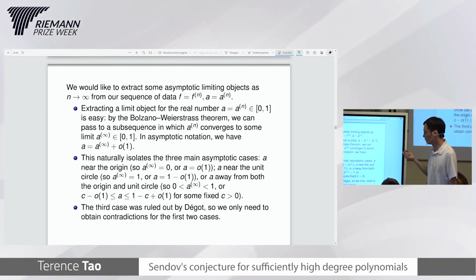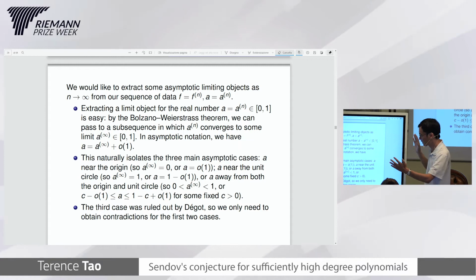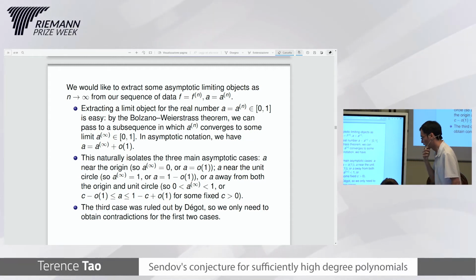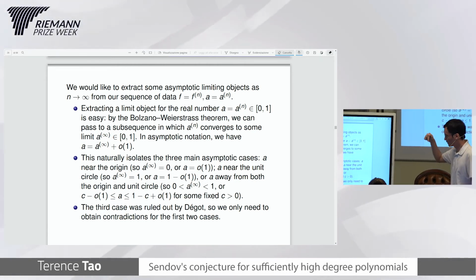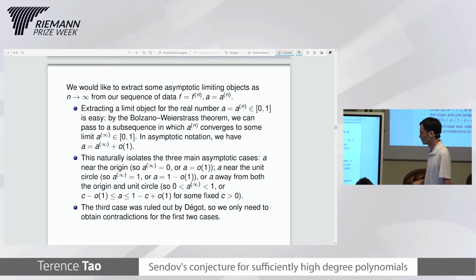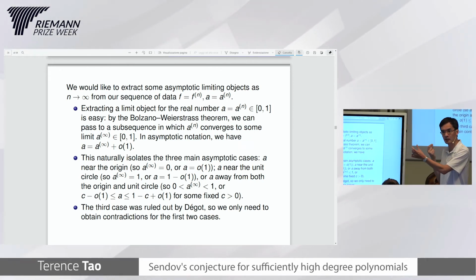The case when the limit is between 0 and 1, the result of de Bruijn that I mentioned already takes care of, because then a will eventually be bounded away from 0 and away from 1, and in that case we already know we have a result. So we just need to handle the two extreme cases, a goes to 0 or a goes to 1, which correspond to the two gaps you saw in the earlier picture.